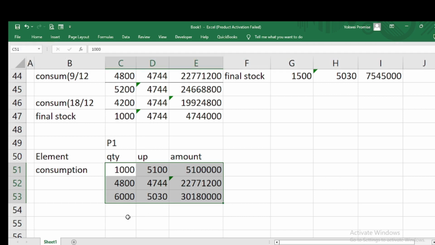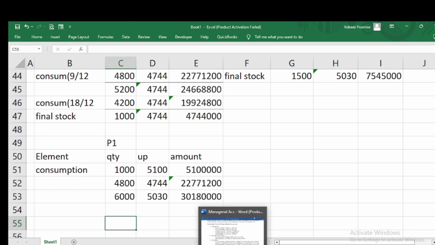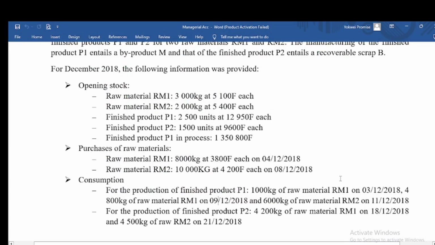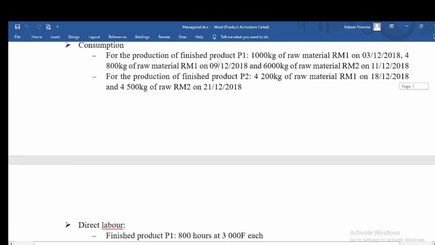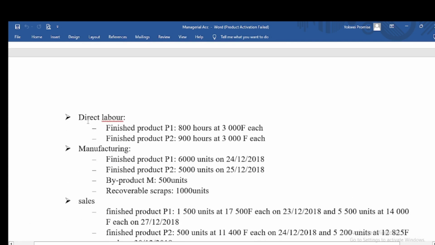All right. So the next thing that we have, let's look at the question and see it for ourselves. So we have direct labor. The question says finished product P1 uses 800 hours of direct labor at 3,000 francs each.